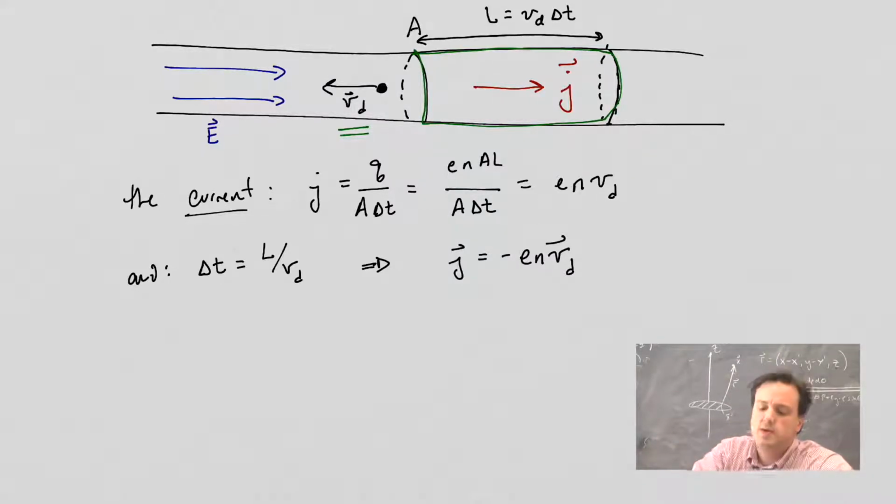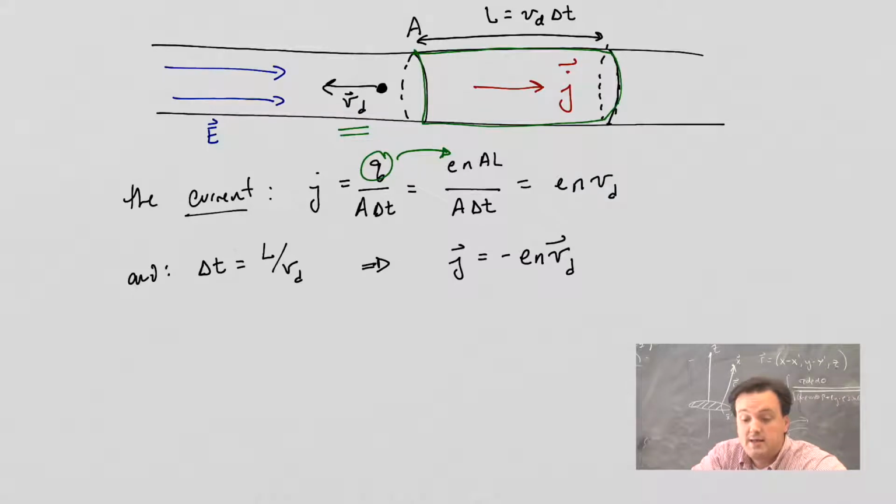Okay, so I know that my current density J is going to be the amount of charge per unit area per unit time. Of course, my charges here are actually electrons, and so my charge is going to be broken up into the charge of the electron times the number of electrons times the volume of electrons that pass through that surface, that's A times L, divided by the cross-section area and the time it takes to move.